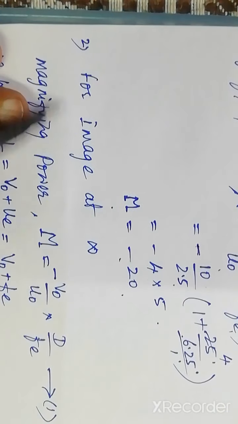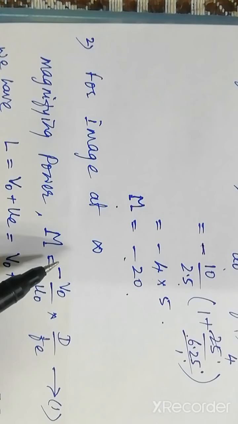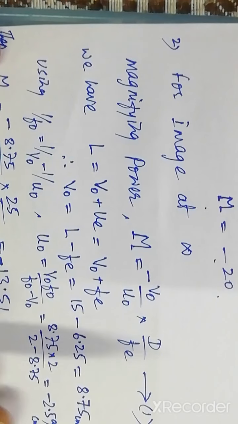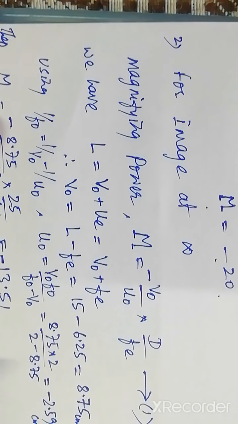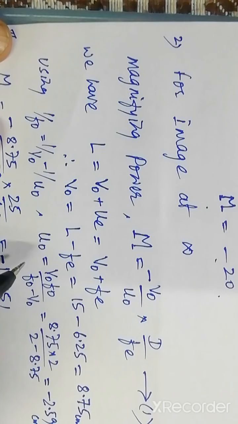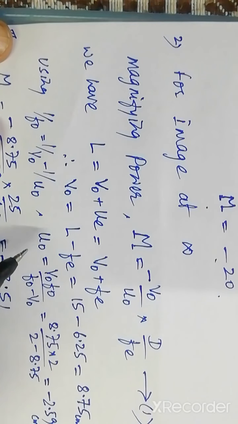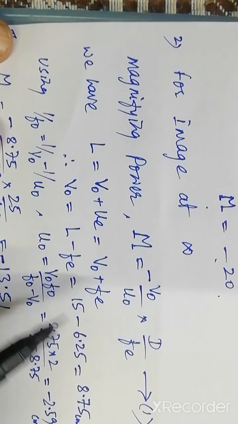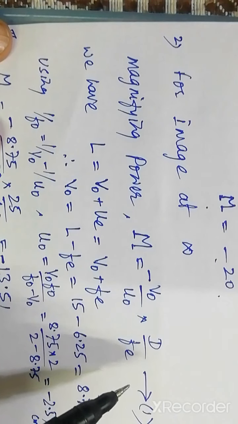For image formed at infinity, first we need to discuss where the object is to be placed. That is UO. Once again, you have to calculate UO. The same steps we have to follow as in the first case, the image forming at least distance of distinct vision. Thereby we have to calculate the magnifying power.